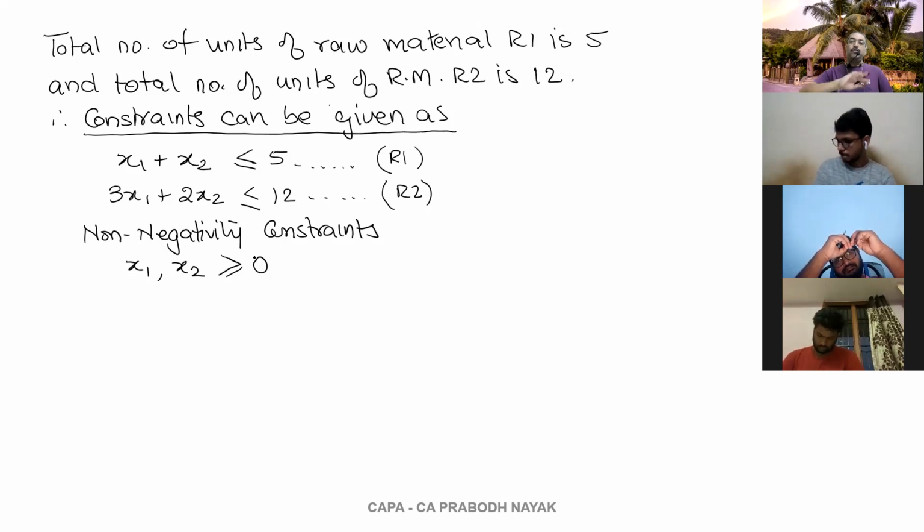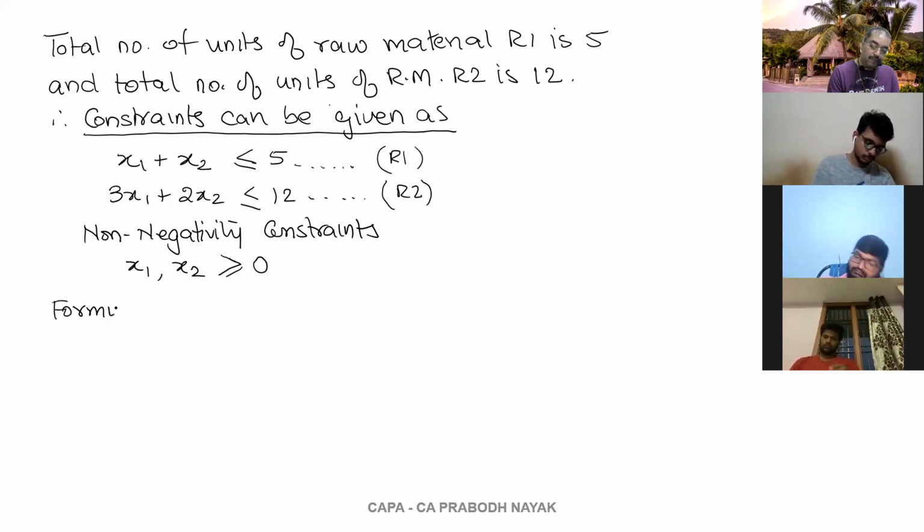Okay. Now all these things you have to put together and formulate an LPP. We have not yet formulated an LPP; we have just done the explanation. So formulation of LPP means what?